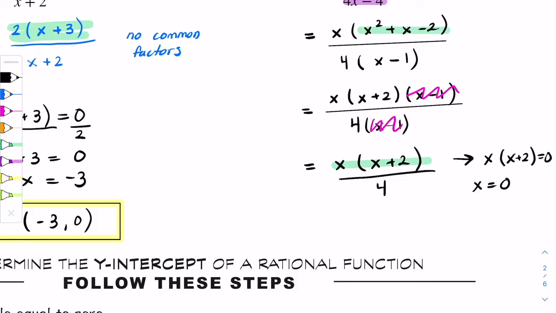We have a factor of x equals 0, that's this factor, and we have a factor of x equals negative 2. So in this example, our x-intercepts are at negative 2, comma 0, and 0, comma 0.